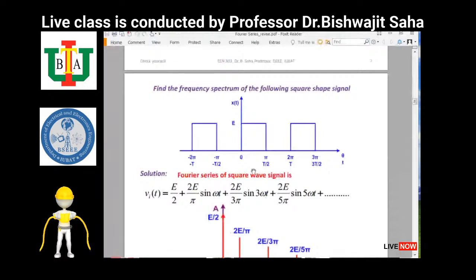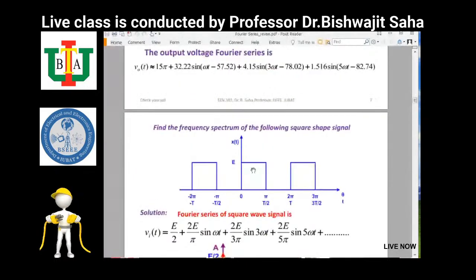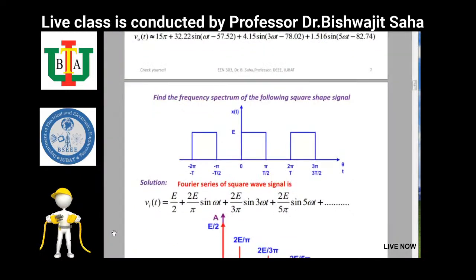So today we are going to start the new topic, that is the frequency spectrum. The frequency spectrum is a representation of amplitude and frequency of the signals, you can say.